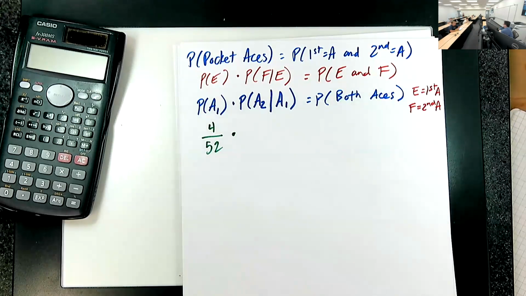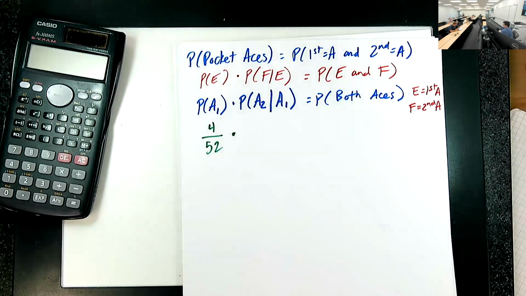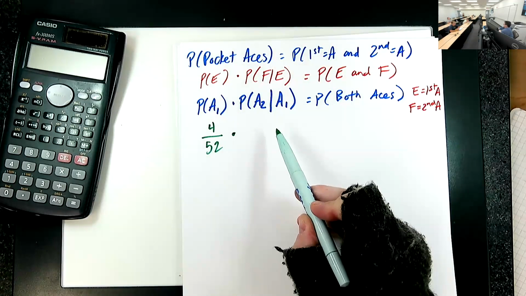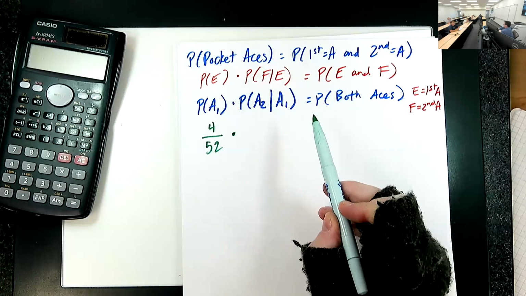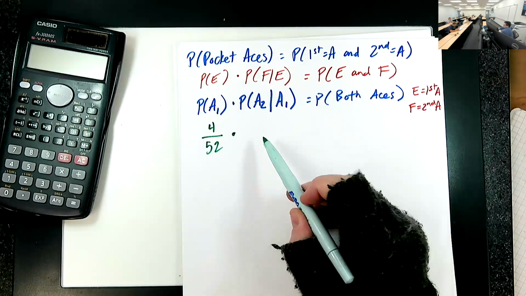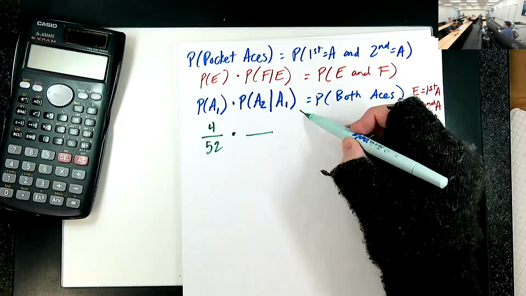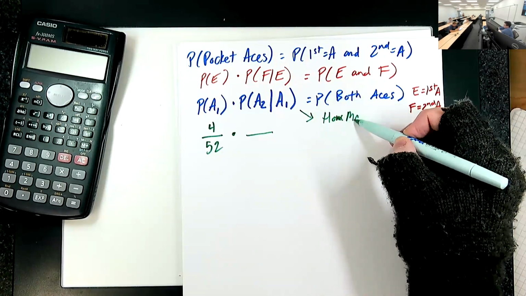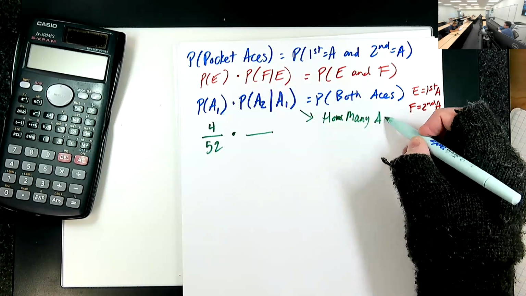If we have drawn an ace out already, that's what the second is. The probability that the second card is an ace, given that we've already drawn an ace: how many aces are left?